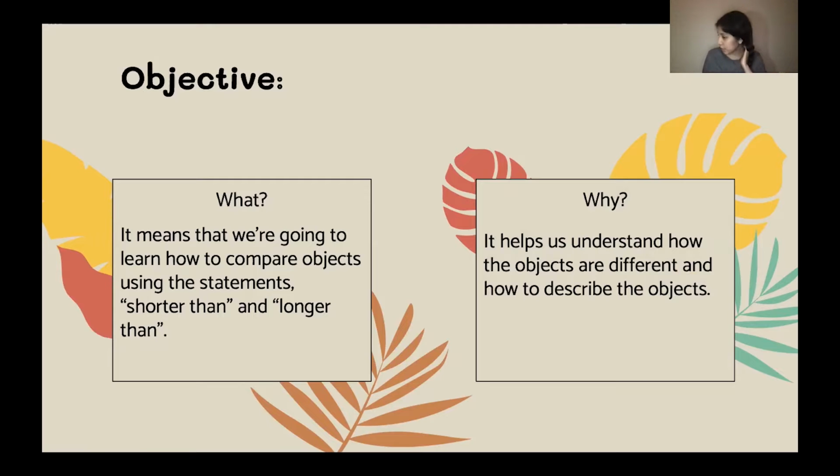You're trying to tell them the story of these cups, and they ask you, but which one's the shorter one? And you can say, well, this cup is shorter and this one's the longer one. So we know how to compare them, shorter than, longer than. Okay.